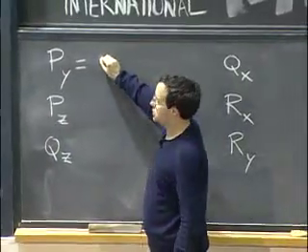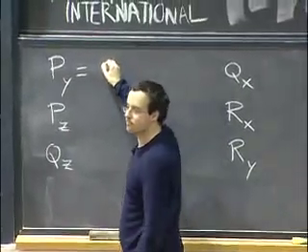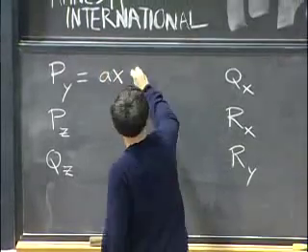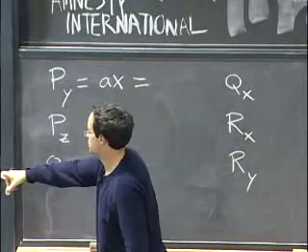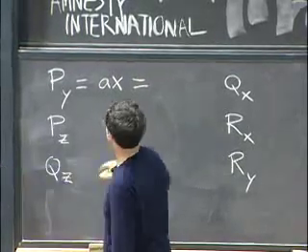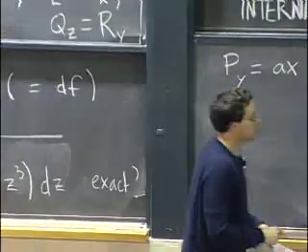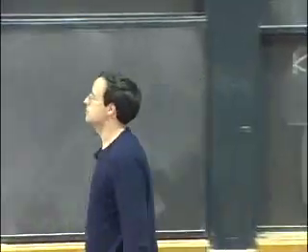So let's see, what is P sub y? That seems to be ax. And what is Q sub x? 2x. Actually, let me write them down, because otherwise I'm going to get confused myself.